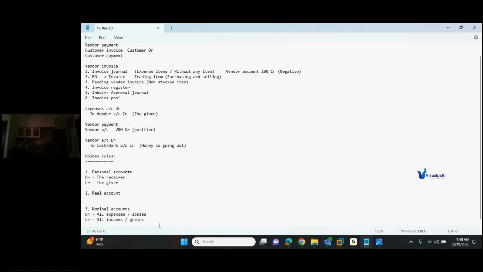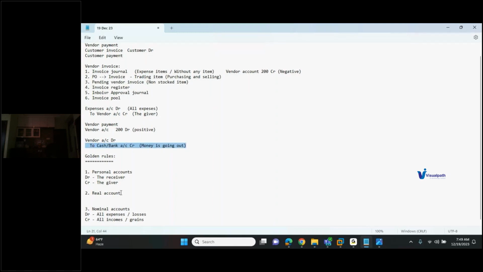So debit all expenses is the rule here. And whenever you are doing vendor payment, vendor account debit, it is going out.